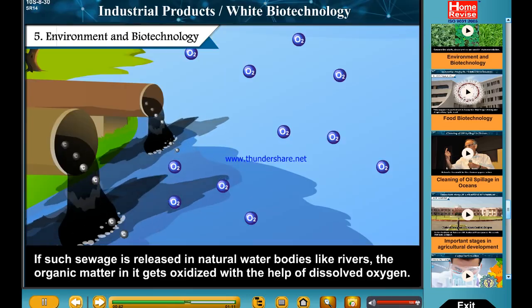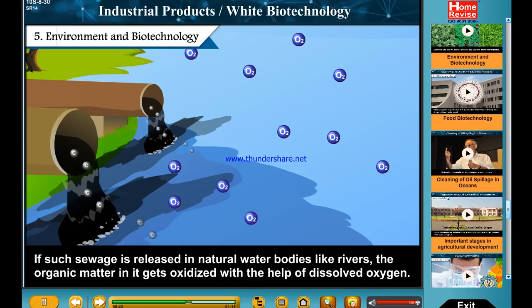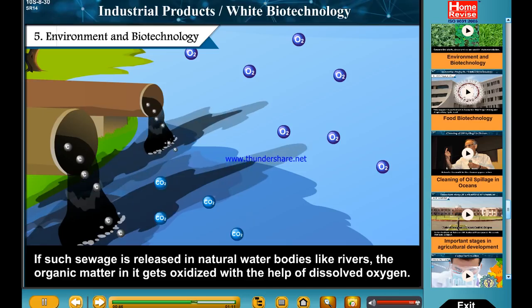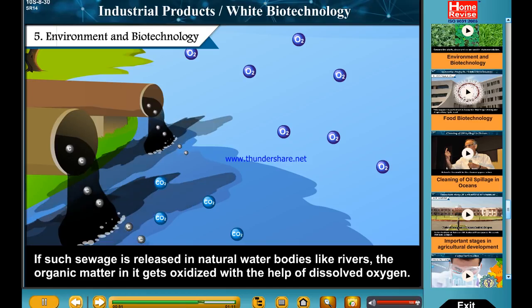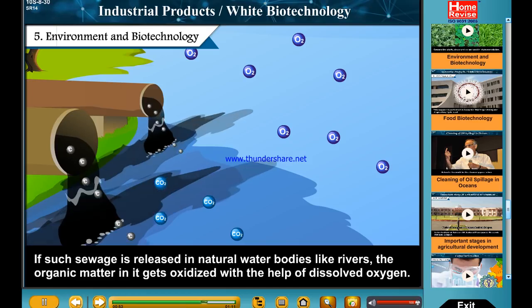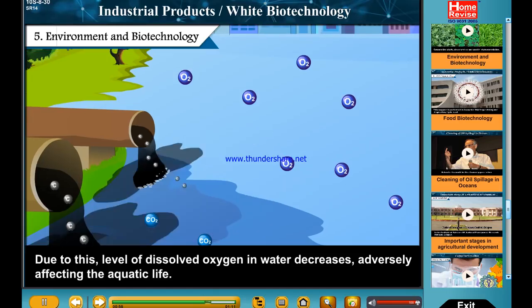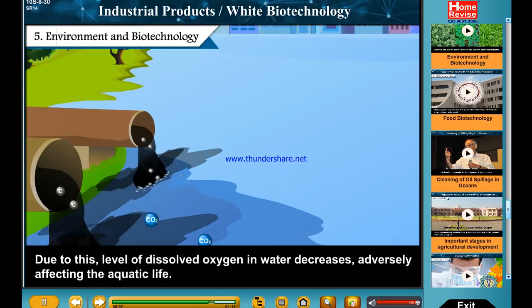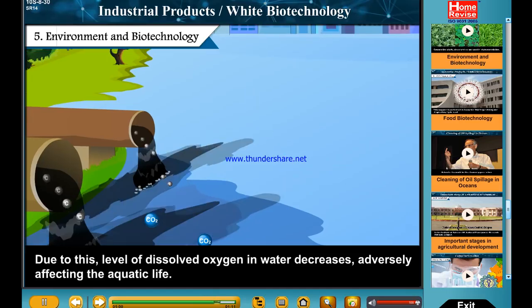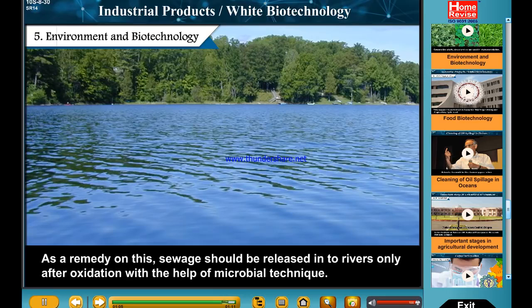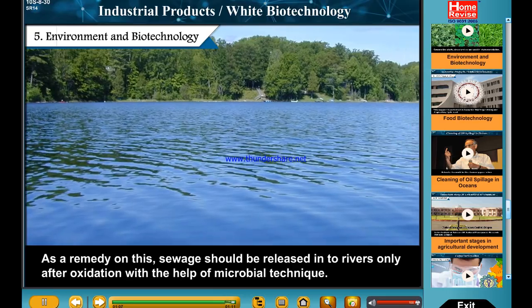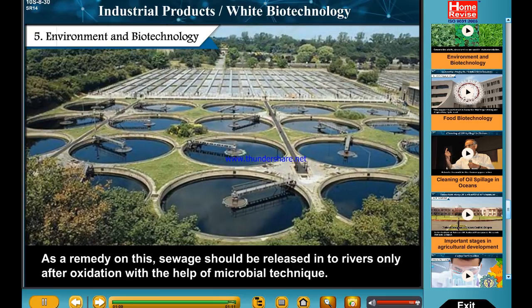If such sewage is released in natural water bodies like rivers, the organic matter in it gets oxidized with the help of dissolved oxygen. Due to this, level of dissolved oxygen in water decreases, adversely affecting the aquatic life. As a remedy of this, sewage should be released into rivers only after oxidation with the help of microbial technique.